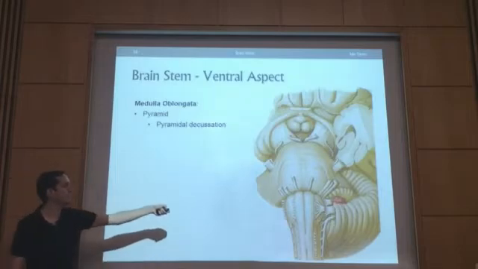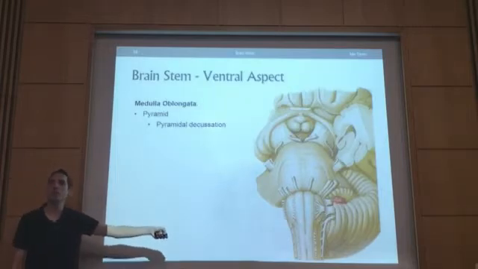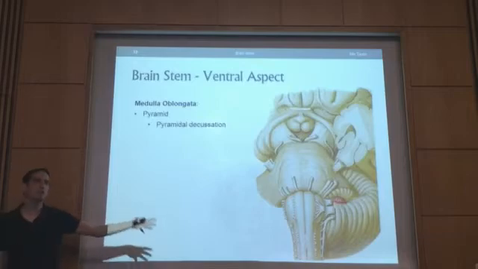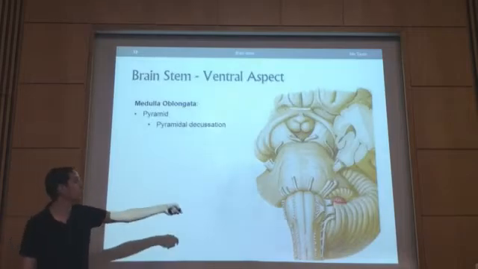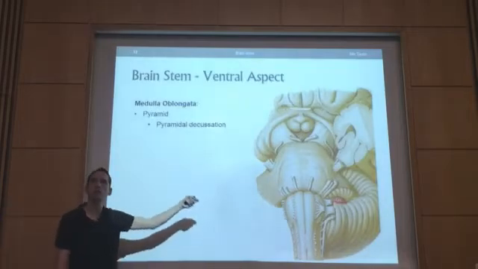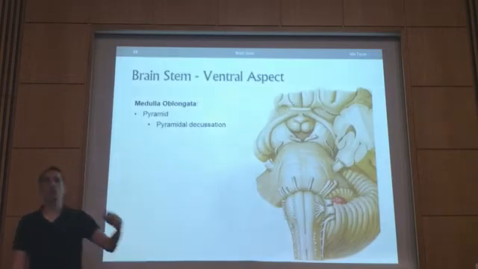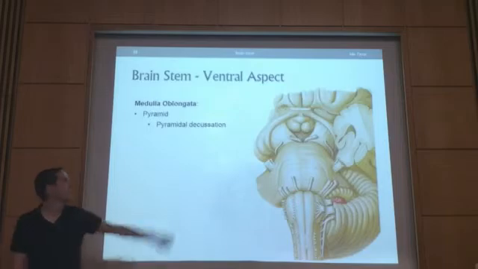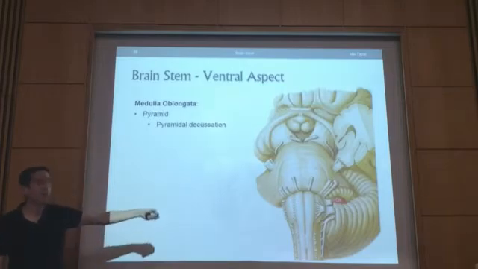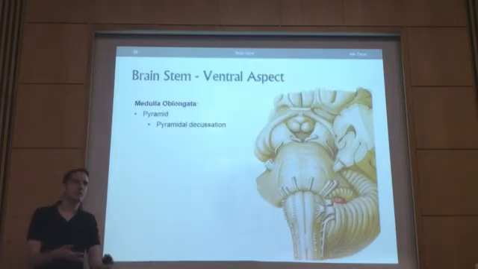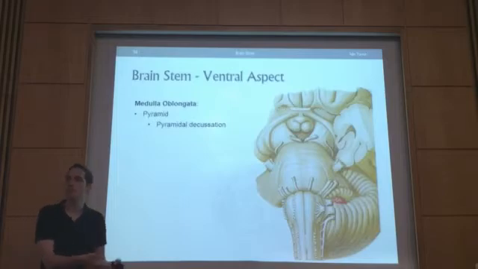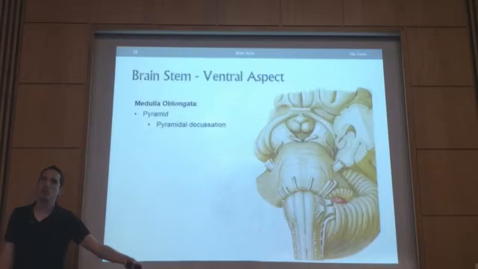The fibers in the right pyramid originate from neurons in the motor cortex of the right hemisphere, and go through the right corona radiata, right internal capsule, and right crus cerebri. At some point, these fibers need to shift to the other side of the nervous system before they go to the other side of the body.